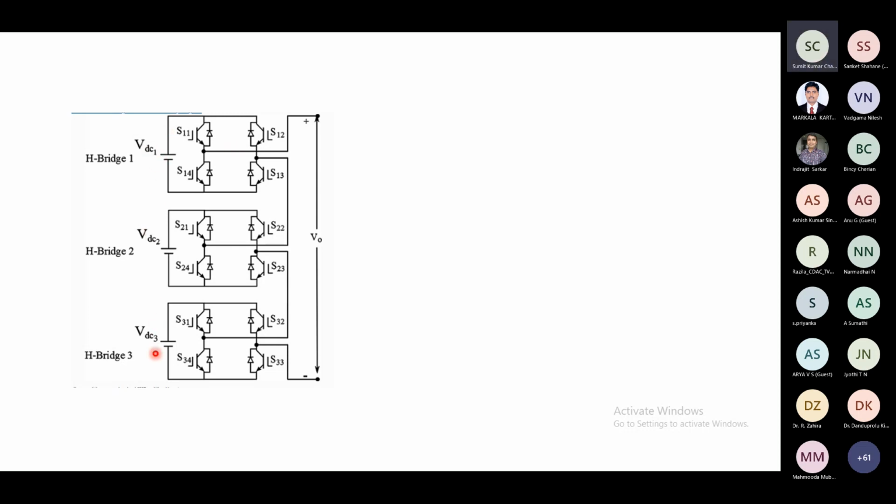Assuming that all 3 voltages VDC1, VDC2 and VDC3 are at the same level, we can get a total of 3 positive levels, 3 negative levels and 0 voltage, total 7 levels. So that's how the simplest multilevel converter comes here.